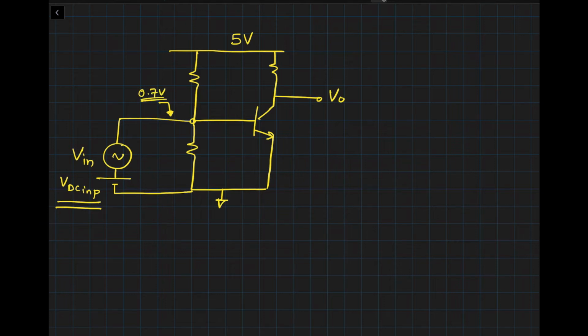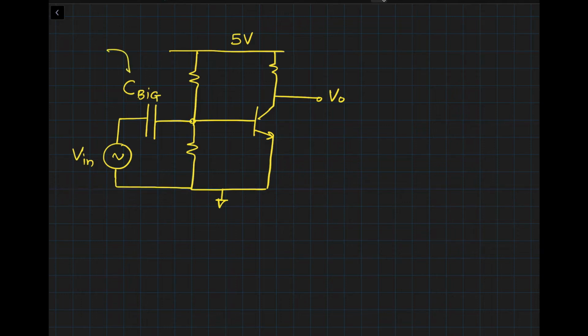In reality, we don't do it this way. Specifically, if you're looking at audio frequency signals where you're not worried about passing DC through your circuit, then we use a capacitor. This will be a big capacitor, C big. If you use C big, then you don't have to have the DC input source here. So C big will isolate the DC between the two circuits.